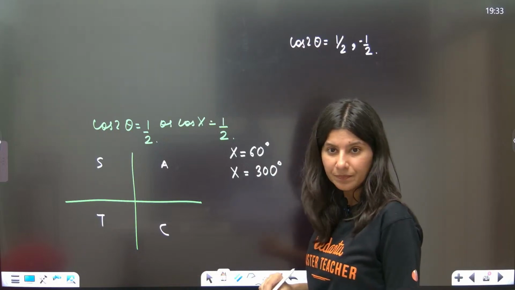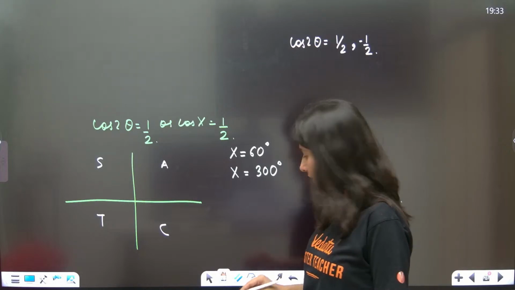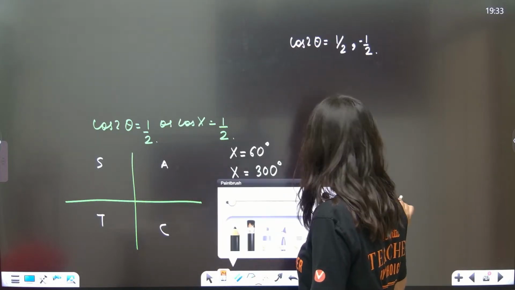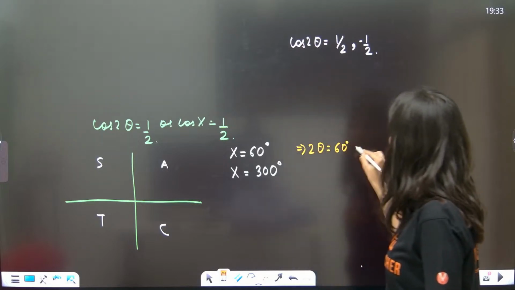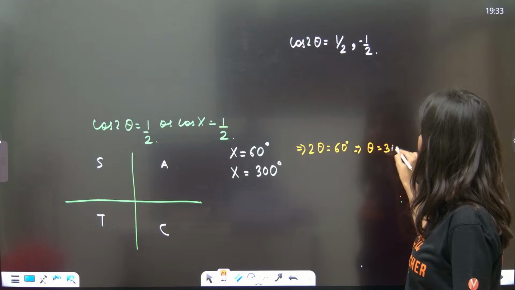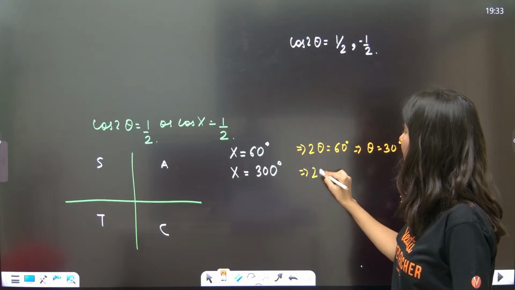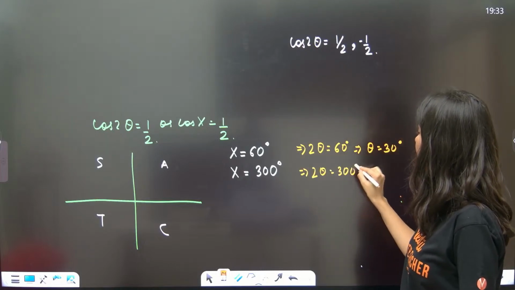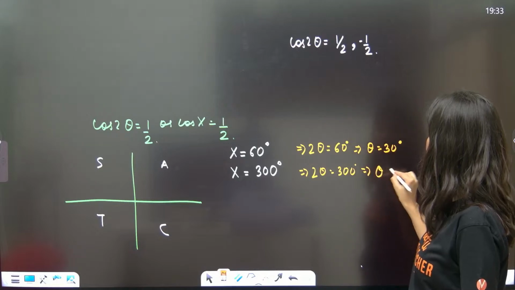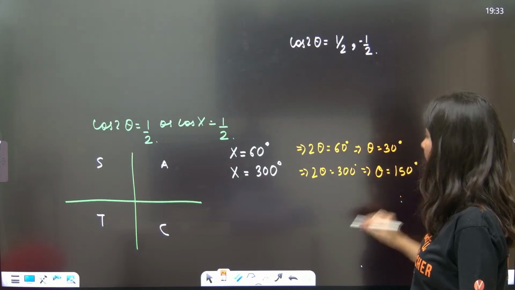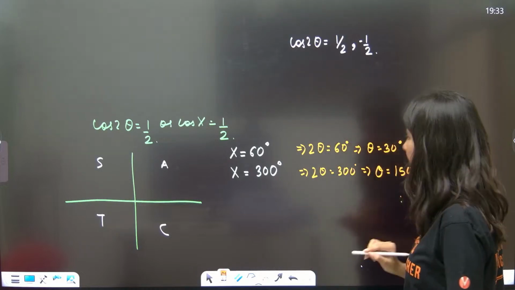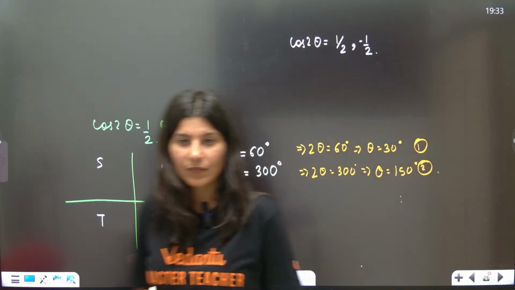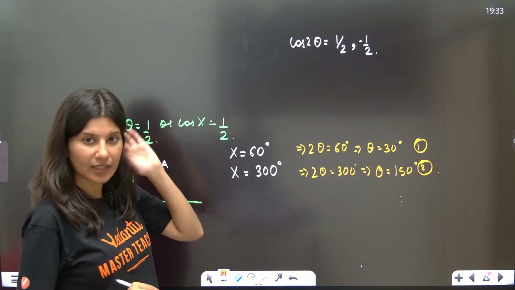Okay. All right. So from here, can you see your 2 theta value will be 60 degree, so your theta becomes 30 degree. Here again 2 theta becomes 300 degree, that means theta becomes 150 degree. So first solution, second solution: 30 and 150 degree.